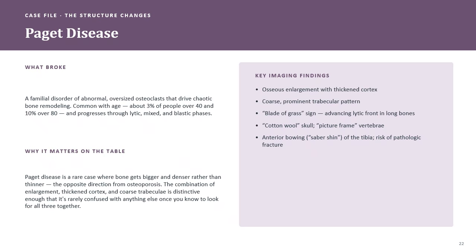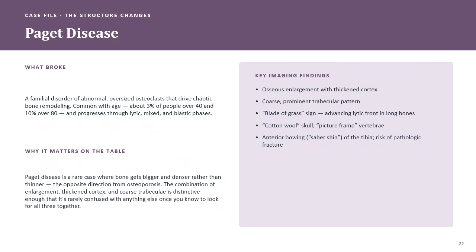So in terms of the remodeling of the bone, it gets a little bit chaotic. This condition is common in people over the age of 40, about 3%, and in patients over the age of 80, about 10%.